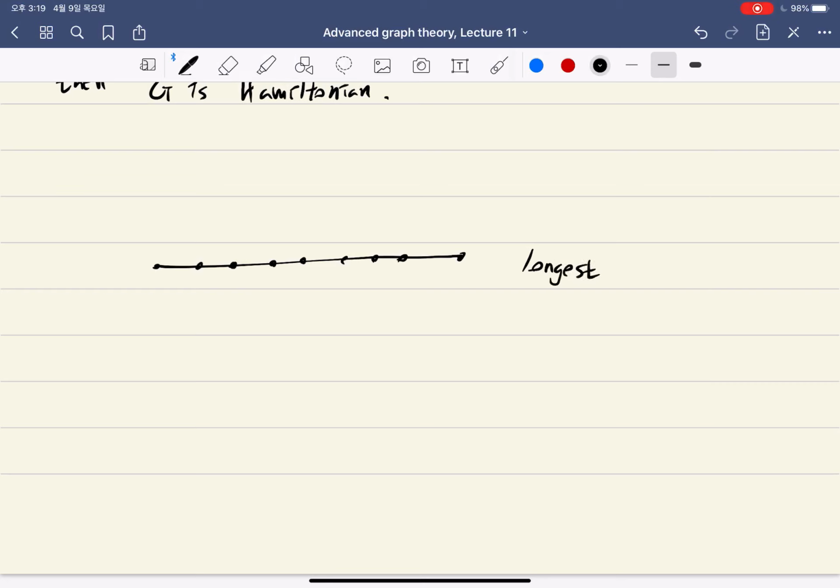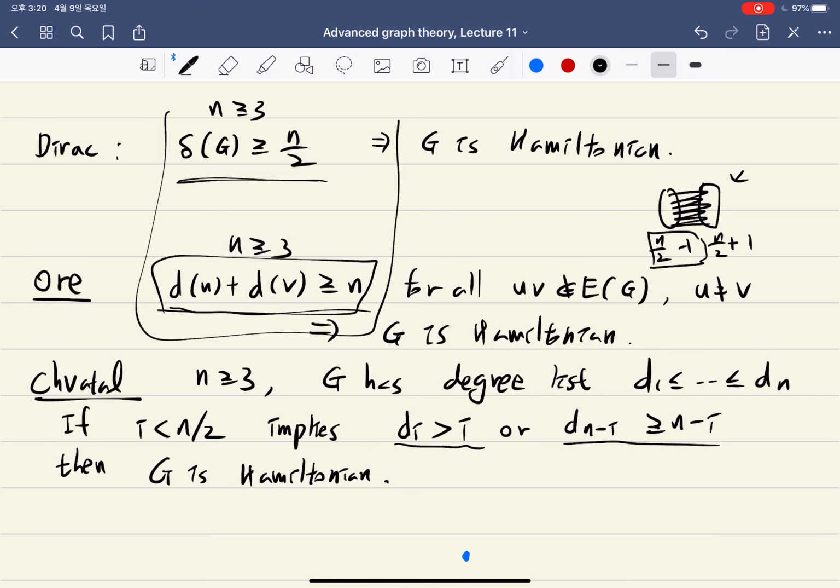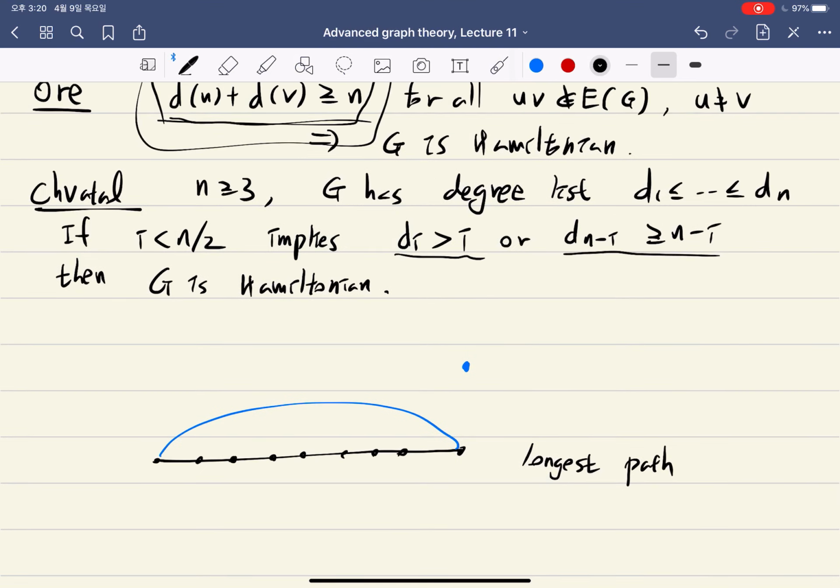If this is not Hamiltonian, we have a longest path, and if the endpoints are adjacent and there are vertices outside, then this condition makes sure that the graph is connected.